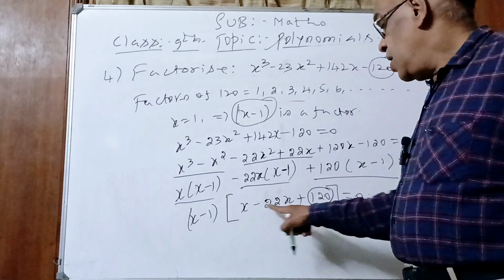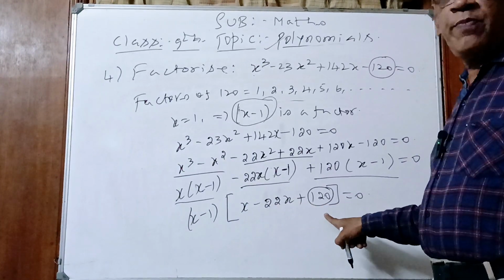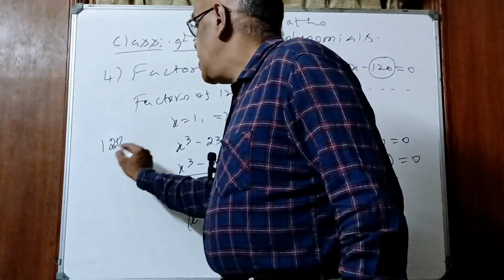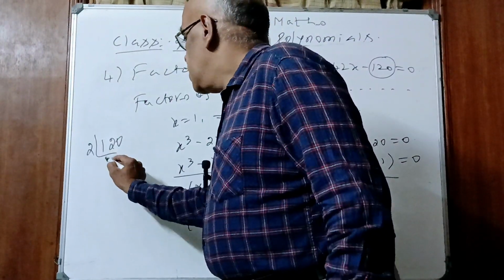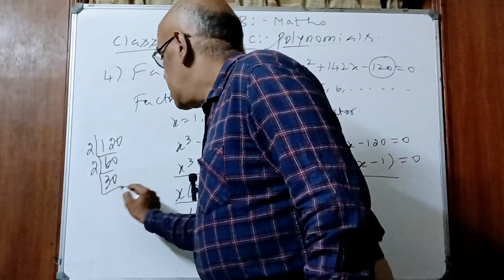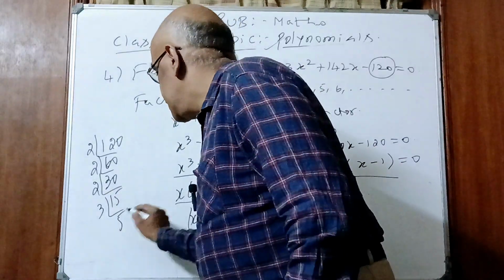One goes with x, one goes with 120. For that take the help of the constant. 120. Find the factors of 120.